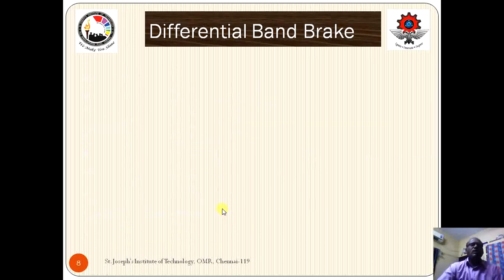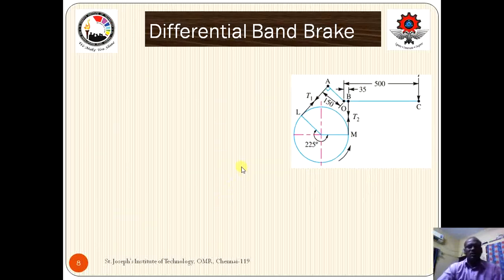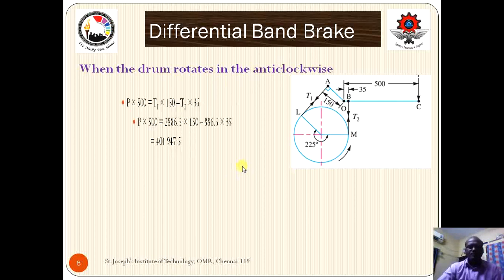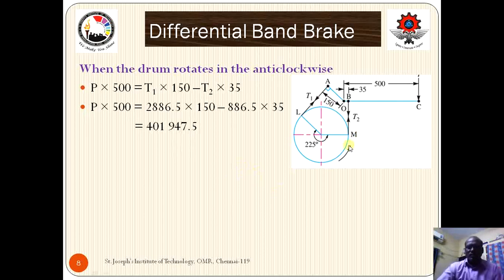Similarly, go for anti-clockwise. Now the equation changes. When it rotates anti-clockwise, the drum exerts more tension on this side. So this is T1, and this is T2, and your P is here.